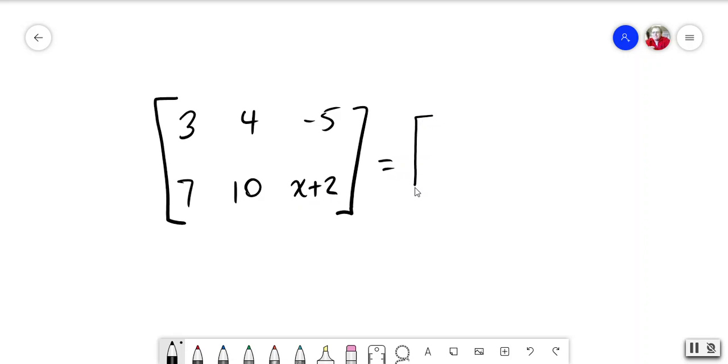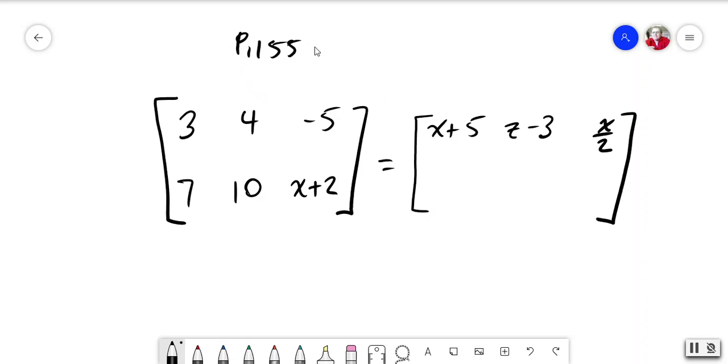And let's set it equal to another matrix. There are some examples like this in your textbook starting on page 155.